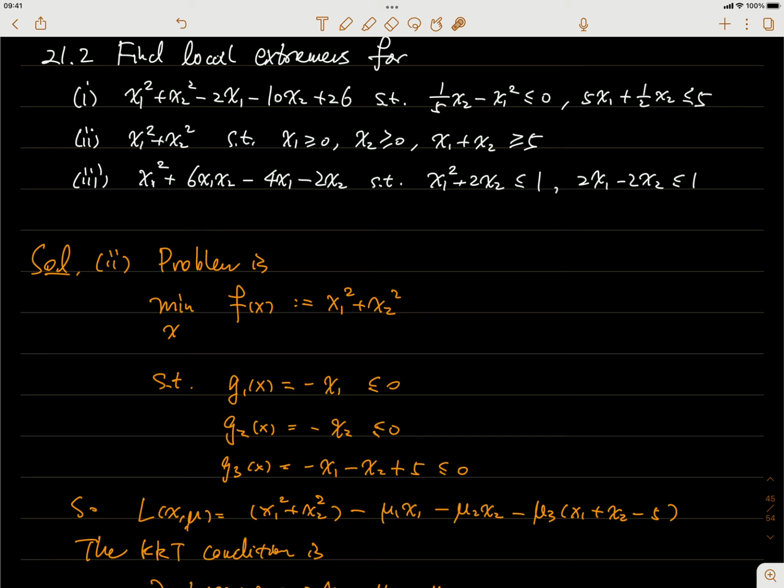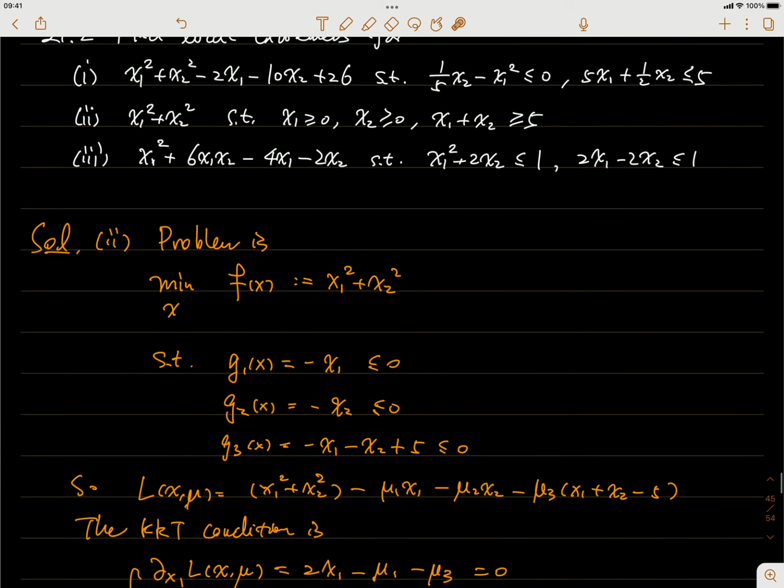There are three inequality constraints, and I define the constraint functions: g1 as negative x1, g2 as negative x2, and g3 as the negative of this. Remember that we want to define them so that they are less than or equal to 0.